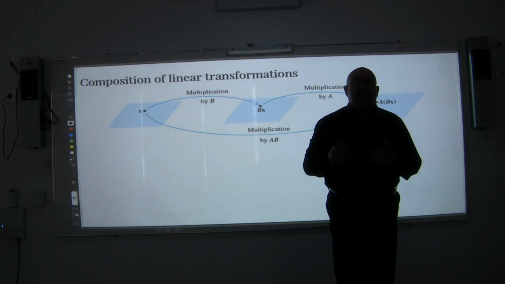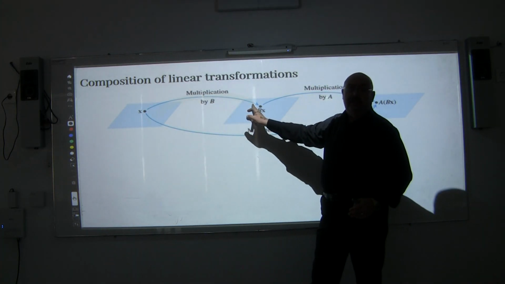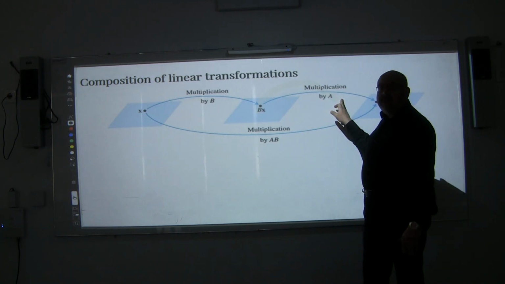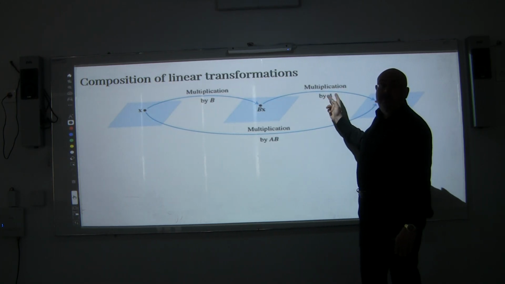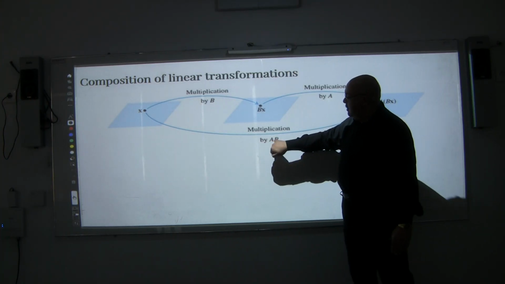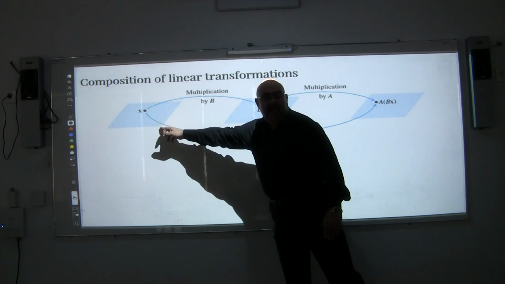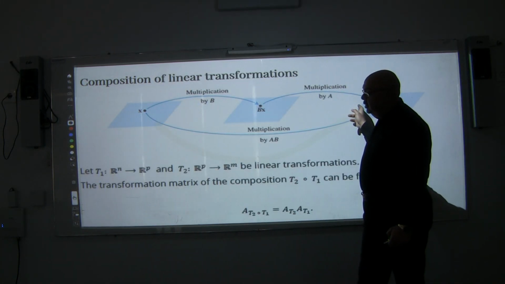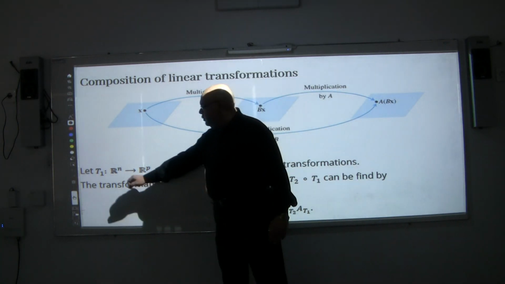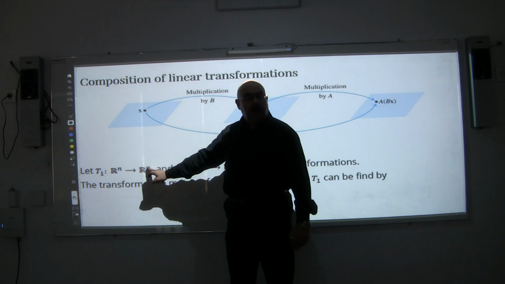This can easily be done either by making the first linear transformation and then doing the second step using the transformation matrix A, or just by multiplying A and B together, and you will move from the beginning of X till the end of the transformation. Let's say there's a linear transformation T1 which moves from Rn into Rp.